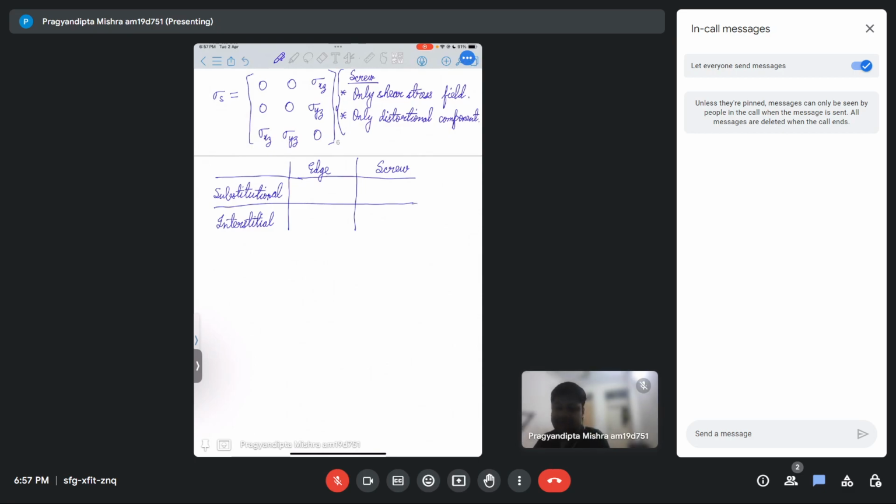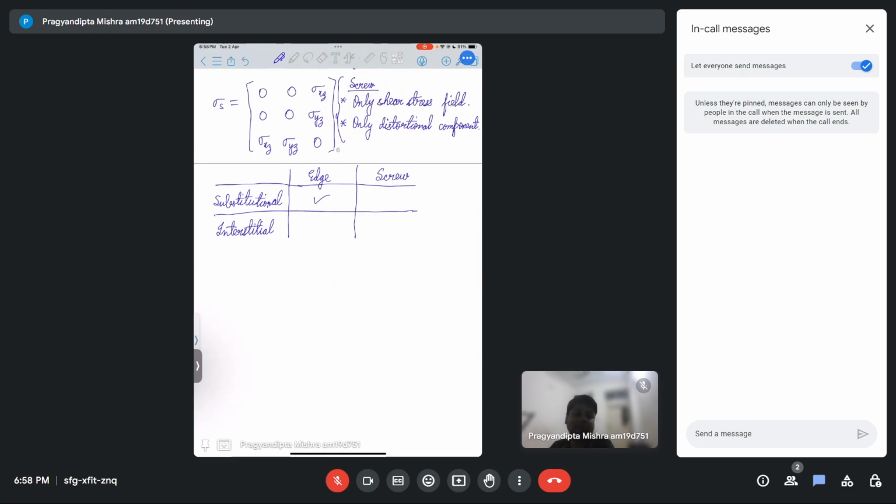Substitutional, since it has only a spherical distortional component, will only interact with edge, while screw, it might not be able to interact because there is no shearing happening. So that will not be there. While interstitial will interact with both edge and screw. So this is something that you can keep in mind.